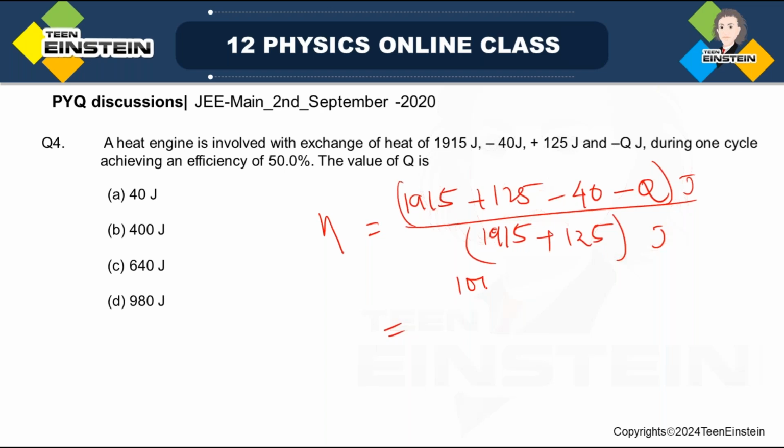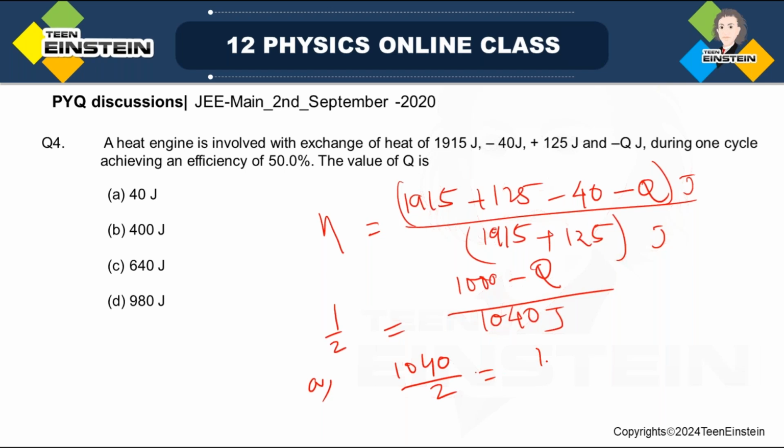This is then 1000 minus q divided by 1040 joule. Okay, so you just... So this is for half. So this by 2 is equal to 100 minus q.